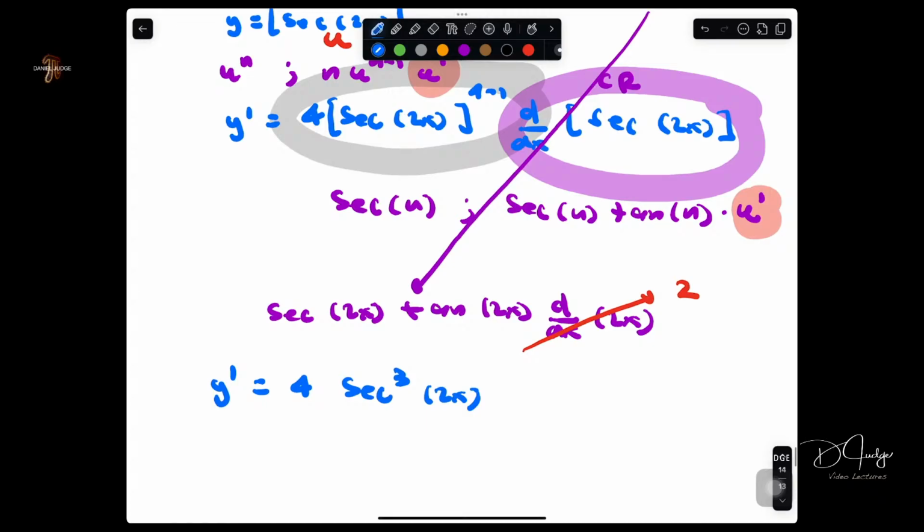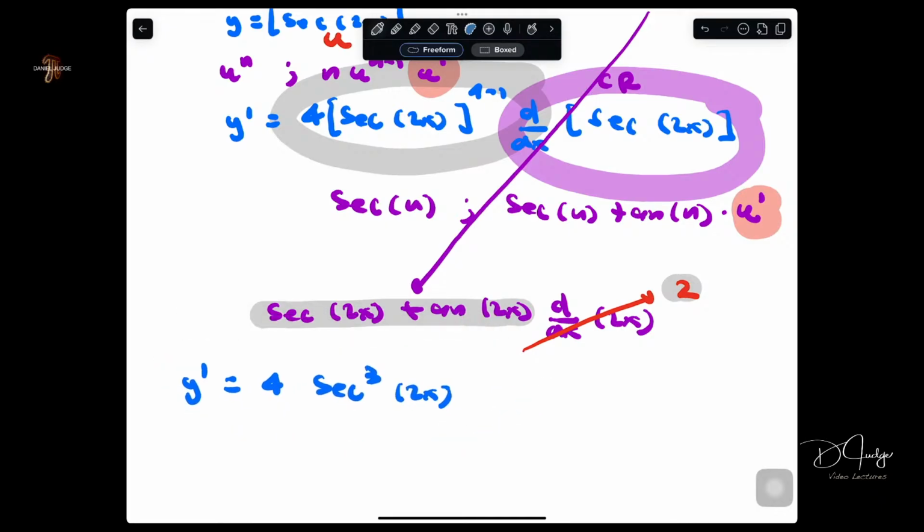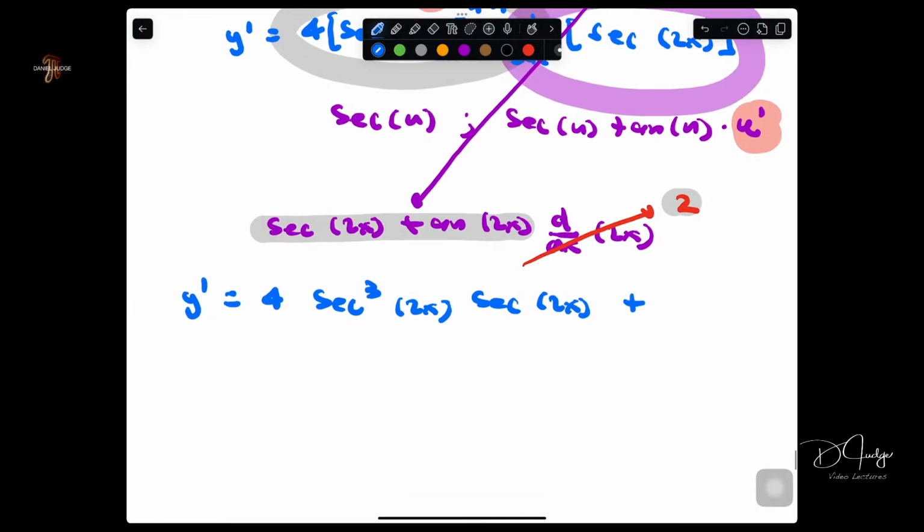Now, everything else that's left is right here: secant 2x tangent 2x times 2.